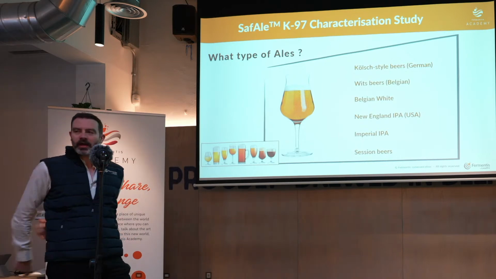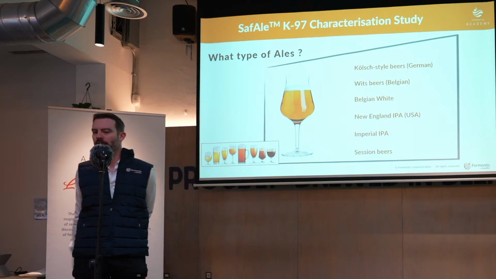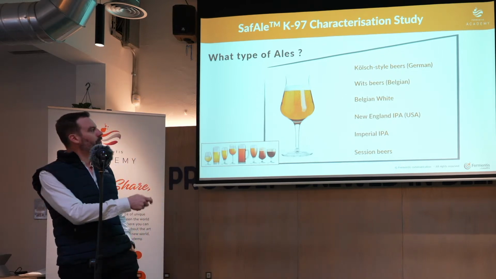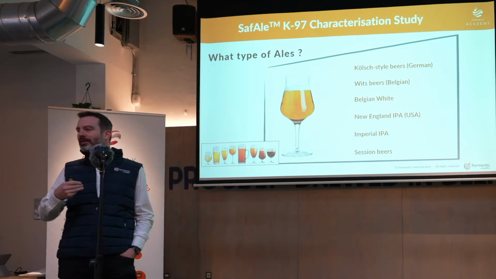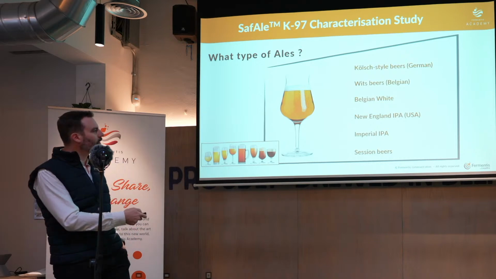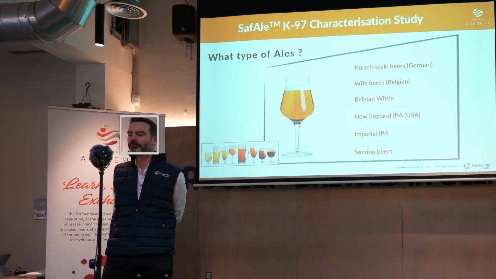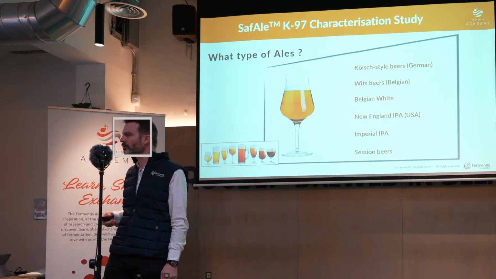At the beginning it was a yeast for Kölsch, German Kölsch beers. We can also make a fake Belgian wit, fake because it's not phenolic, as a Belgian wheat beer should be. What we also found out is that it's a really great yeast with hops. It works brilliantly with hops, and I think that Gino is going to explain that this afternoon.